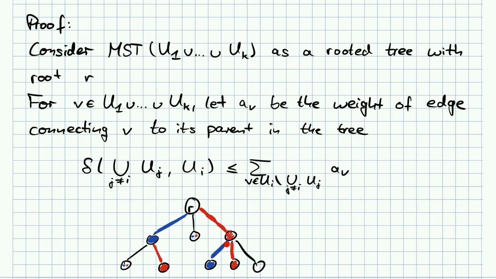You should be aware that this blue edge doesn't count for connecting red vertices; this blue edge only counts for connecting blue vertices. So we are choosing these red edges to connect the red vertices to blue vertices or the root. And we're choosing these blue edges to connect the blue vertices to the root or to red vertices. And here we don't have to choose anything.